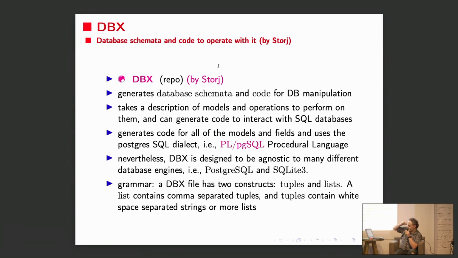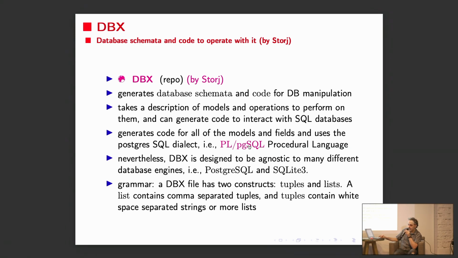So DBX is a database schemata and code to operate with it. It generates database schemata and code for database manipulation. It takes a description of models and operations to perform on them, and it generates code to interact with SQL databases. So it generates code for all the models and fields and uses the Postgres SQL dialect, which is called PL/pgSQL, a procedural language, okay?